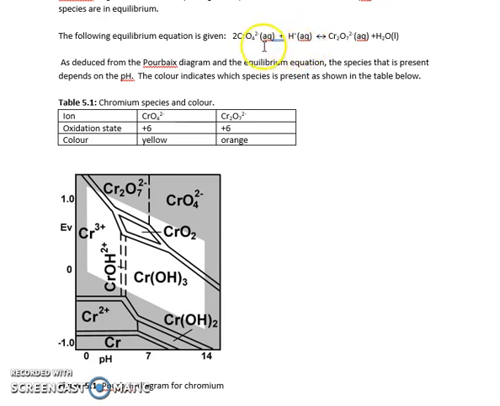So this equilibrium reaction will change to resist that addition of the base, and it will resist the decrease in your protons by favoring the reverse reaction. Which means your dichromate will react to form more protons and the chromate ion.